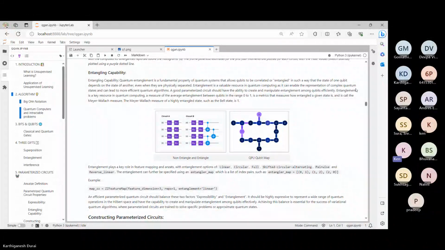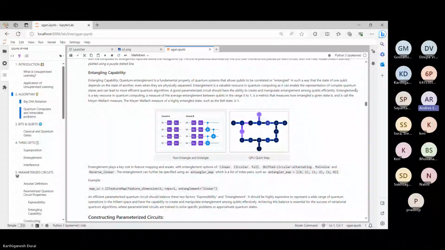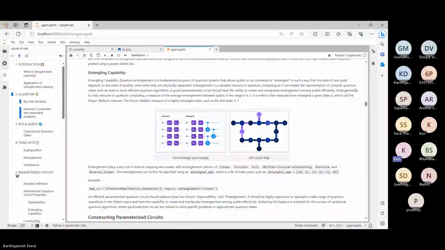So when we're designing our circuit, we have to be aware of which qubits are connected to each other. Because if we attempt to entangle two qubits that aren't physically connected in the first place, any entanglement we attempt will just be null and voided. So when we're designing, we have to be aware of the physical form of our quantum processor.